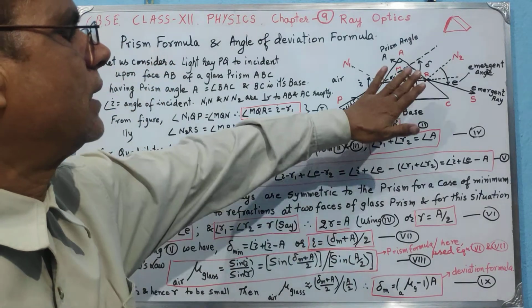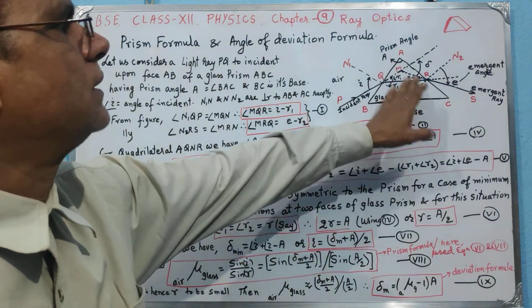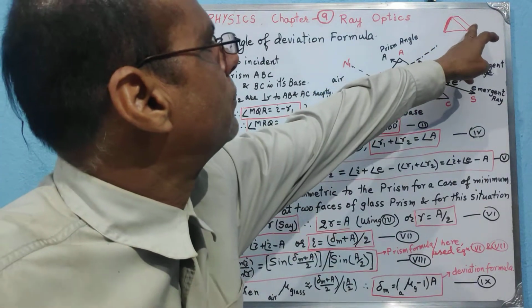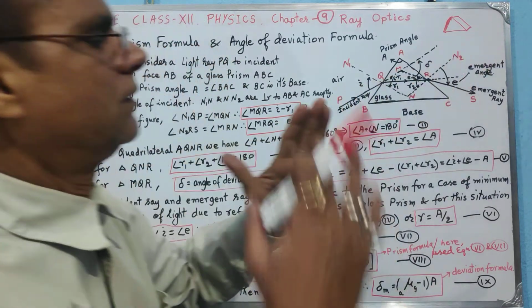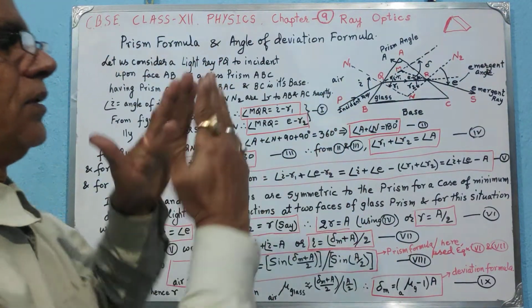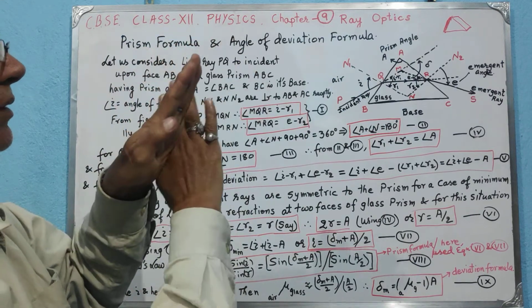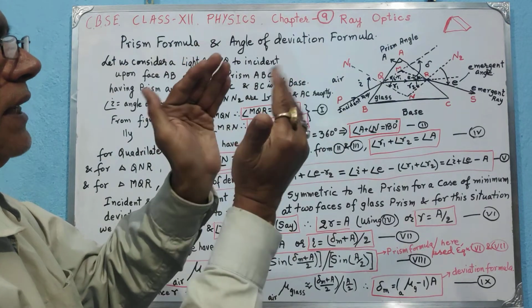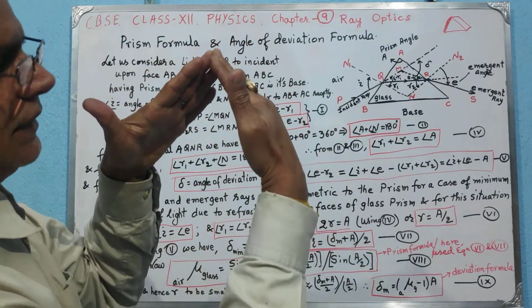Here we are having the front view of the prism, and therefore it looks like a triangle. Otherwise, when we look from the side, we have this type of structure: two faces, and then covered with a flat face filled with glass. So roughly it is like a tent house.